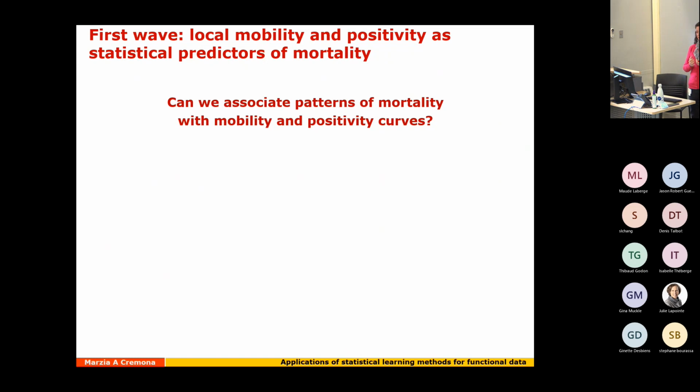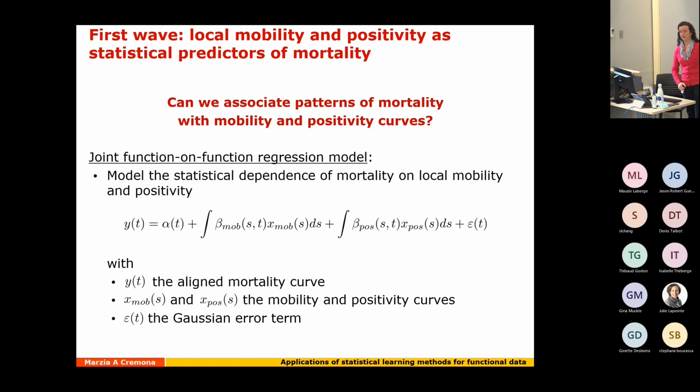To do that, we used a regression model. The only difference with respect to the usual regression model is that here the response is a curve and the two predictors are curves. So everything is a bit more complex than the traditional regression. The coefficients are not numbers, but surfaces. But it is basically the same thing and the same interpretation as the usual regression.